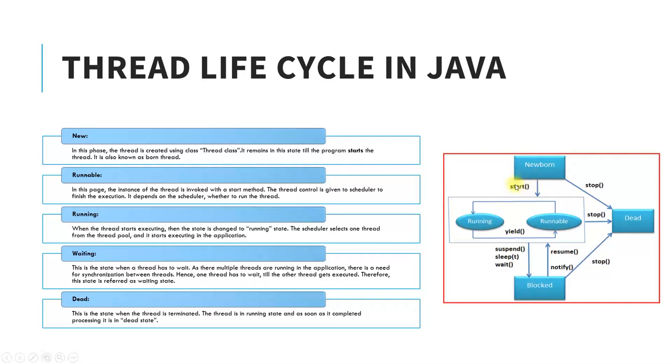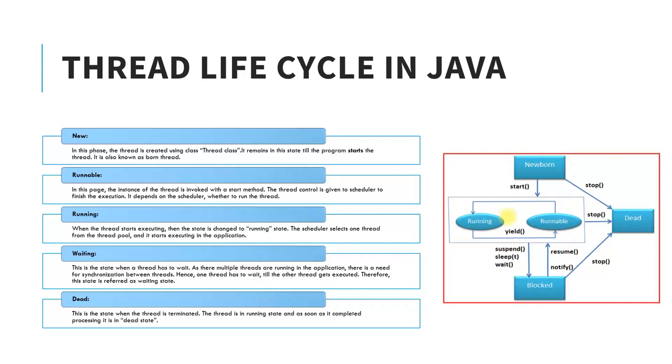When it is started, it will take the runnable state, and then when the CPU is available, it can take the running state. Also, with the yield method, we can move to another state.